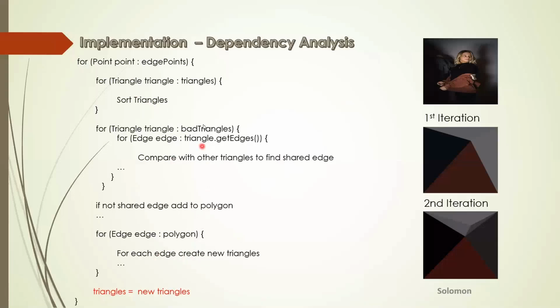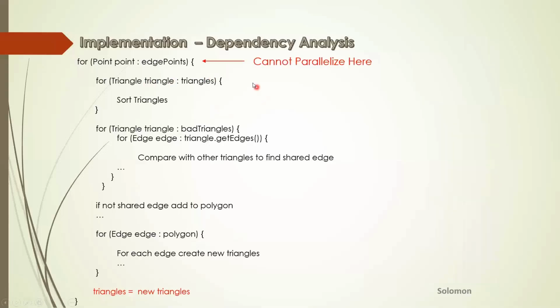So now in the dependency analysis, in order to parallelize this, we can see that since we are writing over here and reading over here, there exists an inter-iteration dependency. So therefore, we cannot parallelize over here, but we can parallelize where we are sorting the triangles.